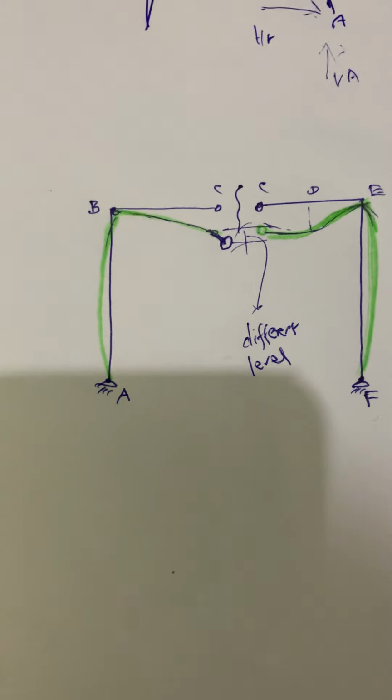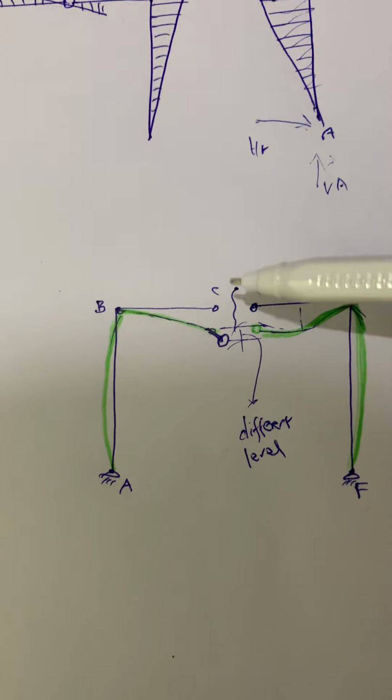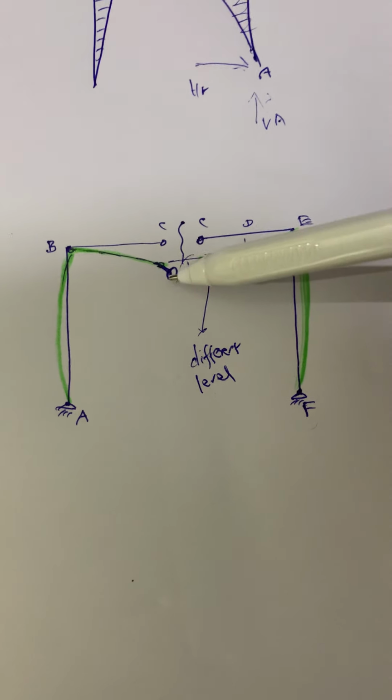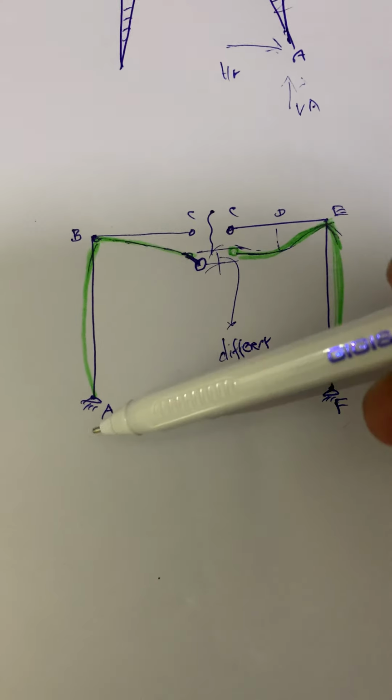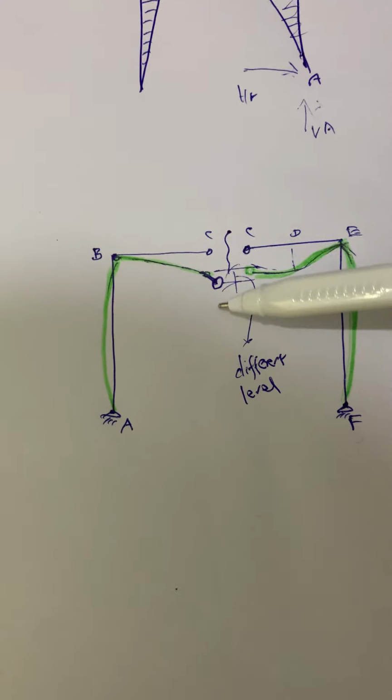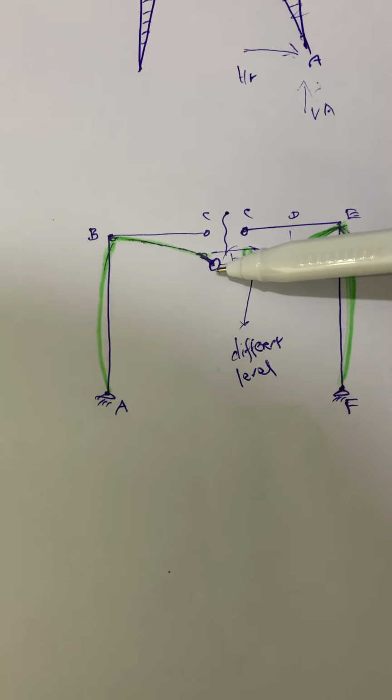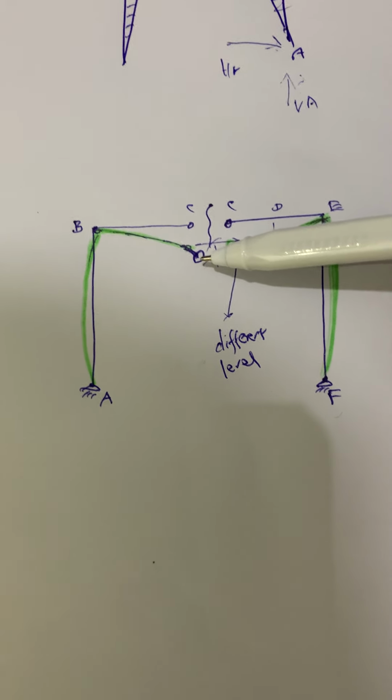If you take only this part ABC, the bending takes place with the outer surface in tension. It moves vertically downwards.